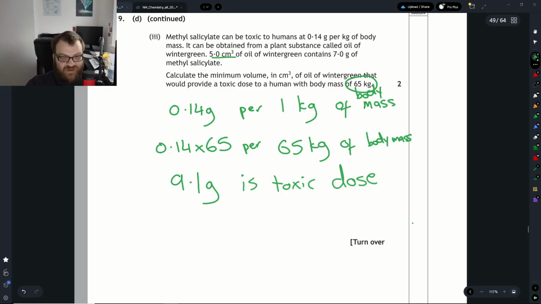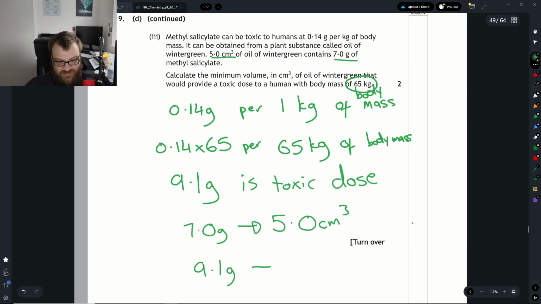The question tells us about how much oil of wintergreen contains 7 grams of the methyl salicylate. So we've got to say that we have 7 grams for 5 or 9.1.